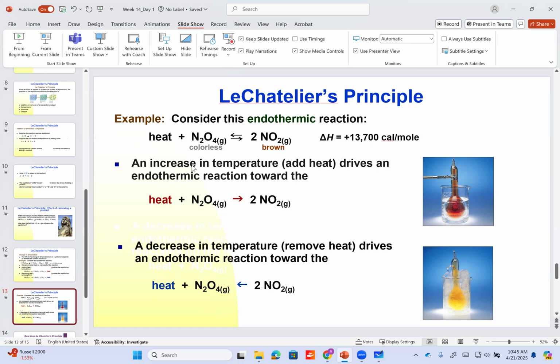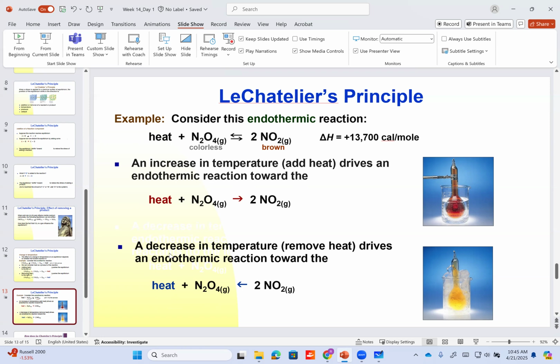What happens if I increase the temperature or add more heat, or when I decrease the temperature or remove this heat? If I add more heat or increase the temperature, the endothermic reaction will drive to form more products, or the equilibrium lies toward the product side.